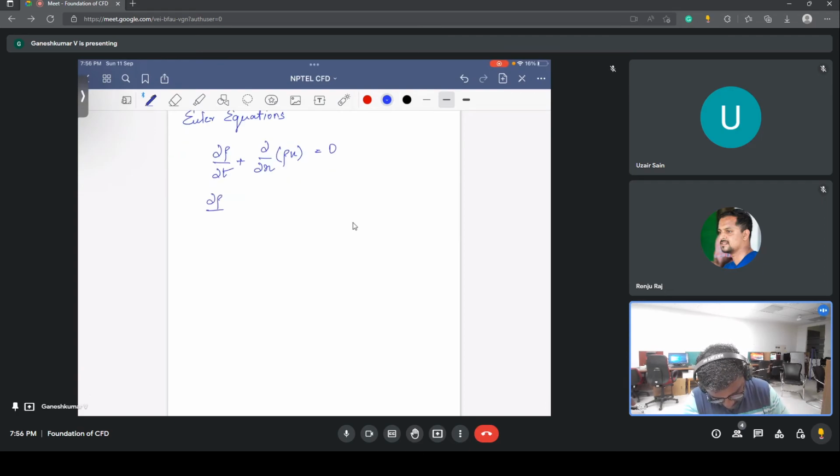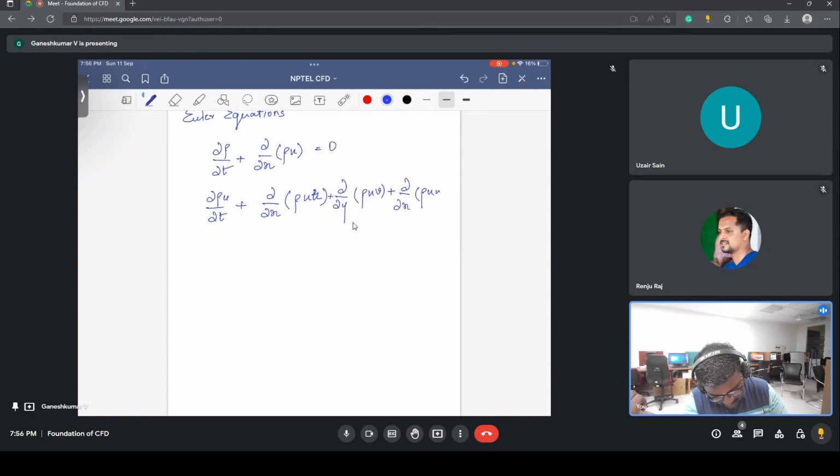Similarly, you will have dou rho u by dou t plus dou by dou x of rho u square, plus dou by dou y of rho u v plus dou by dou z of rho u w is equal to 0, right?